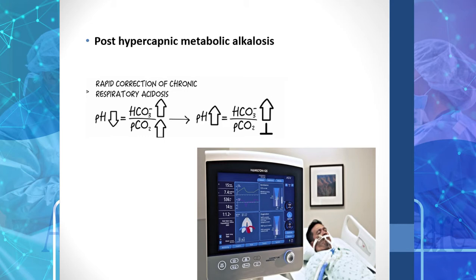Usually a disturbed conscious level or presence of acidosis. But this patient used to have high carbon dioxide, and the body usually compensates by increasing the HCO3. Now we will put the patient on mechanical ventilation to solve the problem of the respiratory acidosis or of the hypoxemia or of the disturbed conscious level.